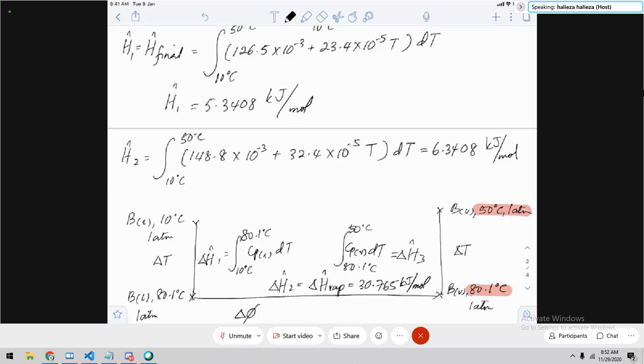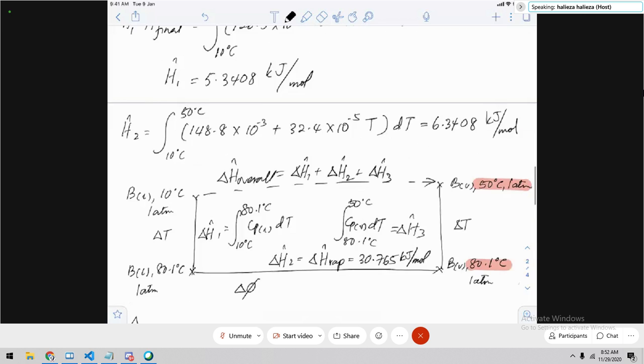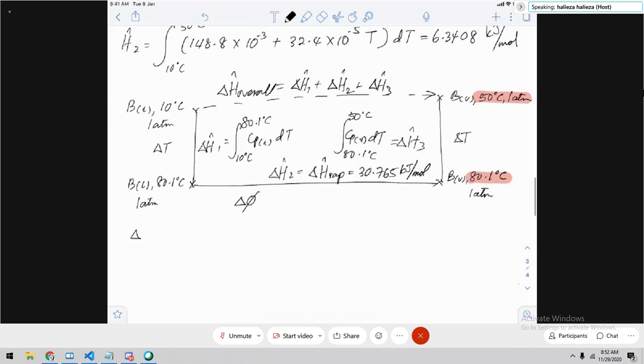So the overall change will be the total of each individual step taken to reach your final condition. So let's do one step at a time.